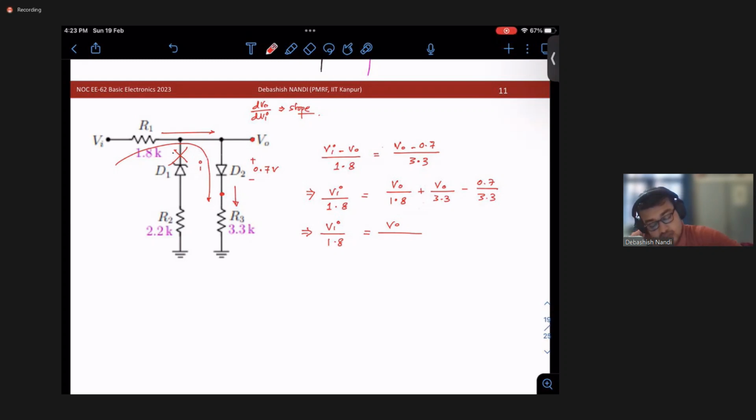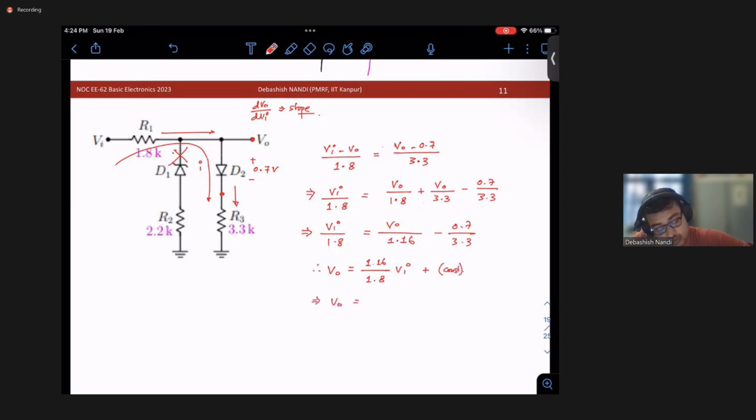It is 1 divided by 1.16, if I am not wrong. Then your V naught would be 1.16 divided by 1.8 into Vi plus some constant term.